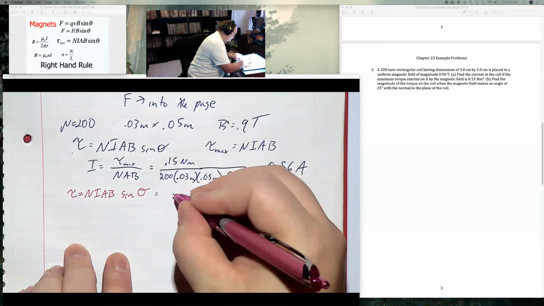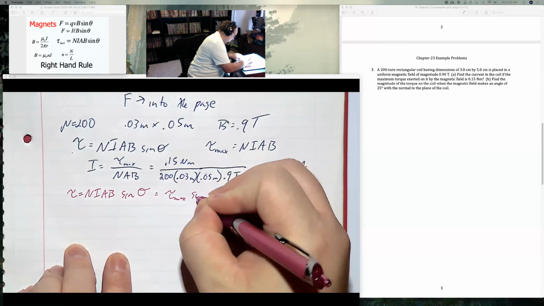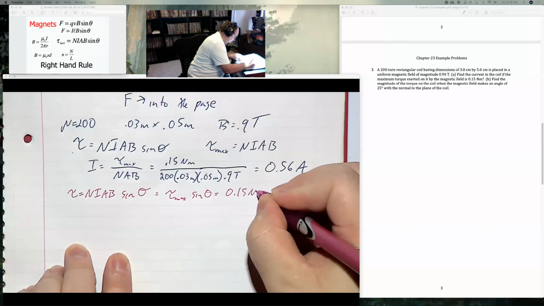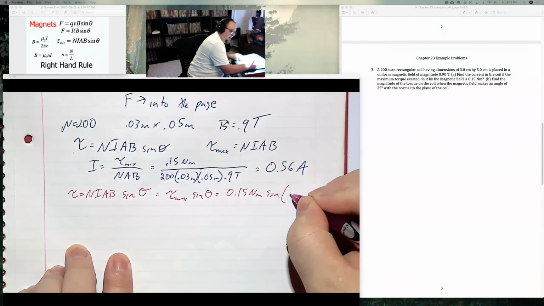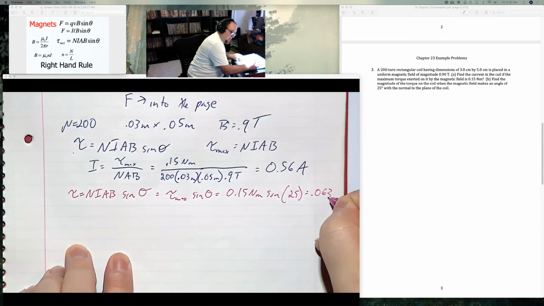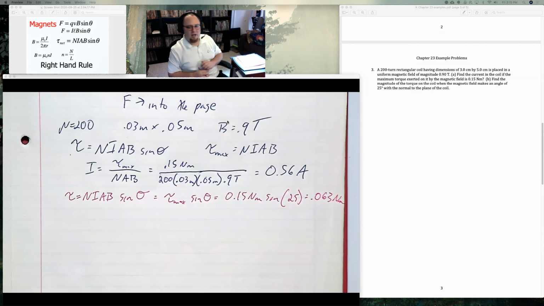So I would probably just say torque max sine theta, or 0.15 Newton meter sine of 25 to get 0.063 Newton meters. I could have plugged in for N and I and A and B again. I'm just lazy.